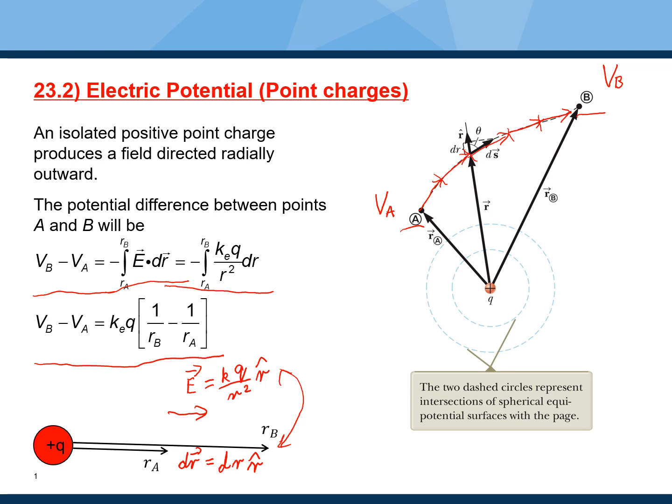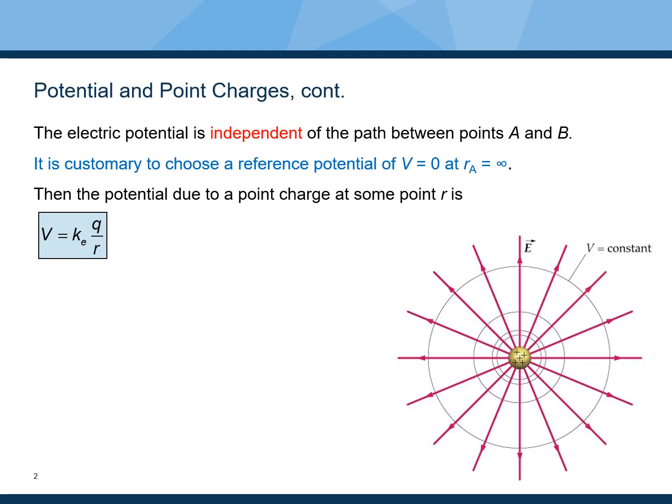Now, one important convention to follow is that the potential at infinity associated with any charge is exactly equal to 0. And that's a very desirable convention to follow. And so with that convention in place, we can go ahead and say that the potential associated with a charge at a distance r from that charge is just given by this very simple formula.